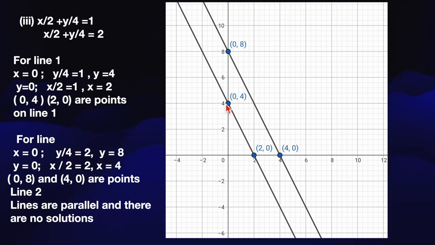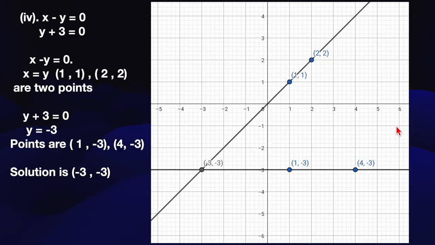So this is 0, 4 and this is 2, 0. This is the line. For the second line, again x is equal to 0, y is 8. y is equal to 0, x is 4. So 4, 0 is this point and 0, 8 is this point. You connect it, this is the line. This is the second line. Both are parallel. They do not intersect each other. So they have no solutions.